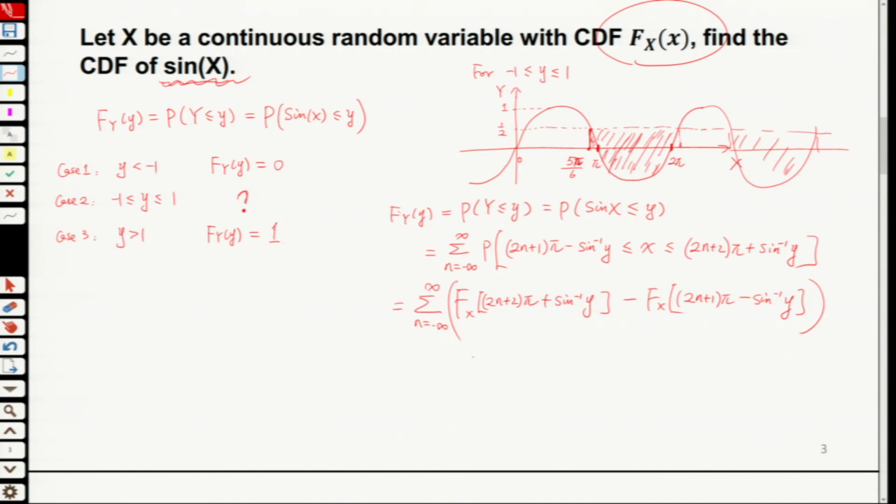And because sine is a periodic function, you need to add the next cycle and then the next cycle. You add all of them together, and this becomes the CDF function for Y.